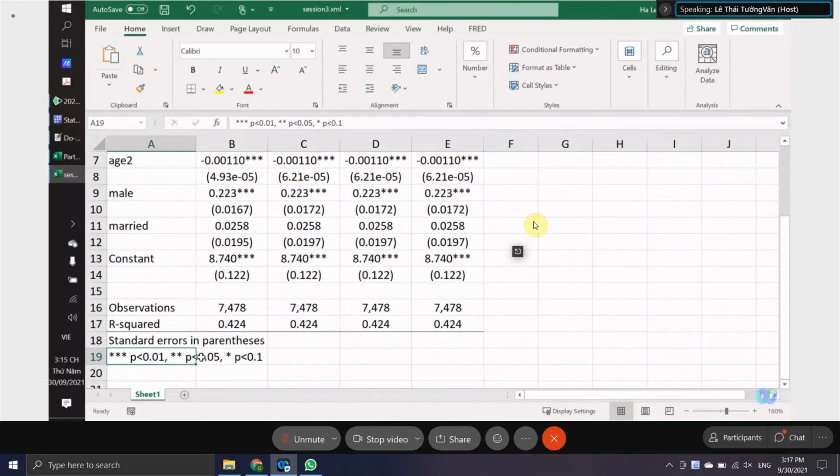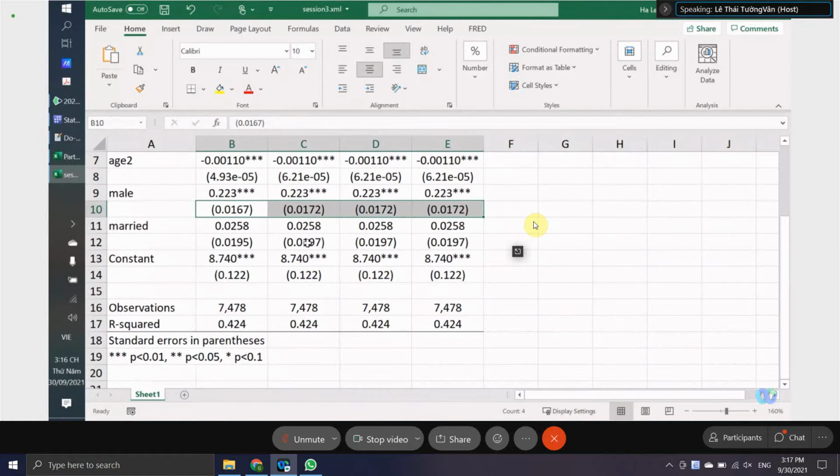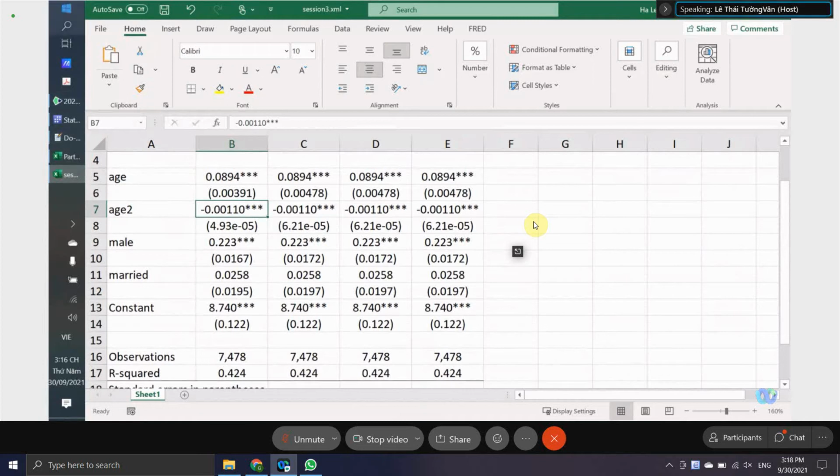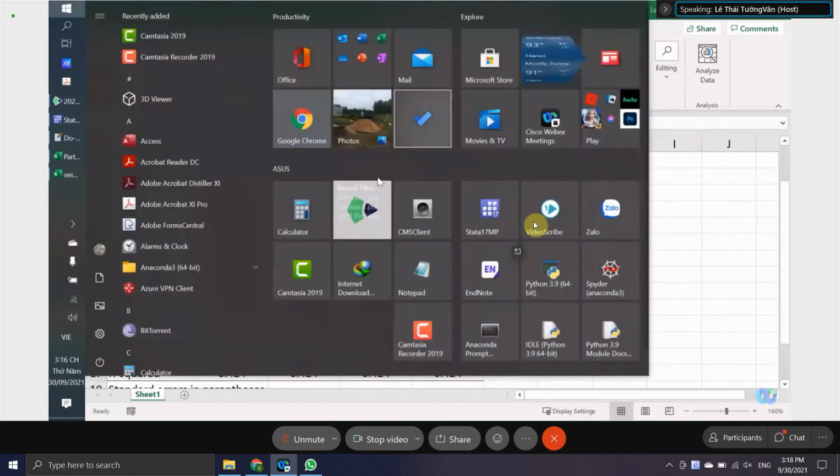Two stars mean the coefficient is significant at 5% level, and one star indicates the coefficient is significant at 10% level. Down here in the brackets, you would get the standard error. So it will bring you to something like this one.